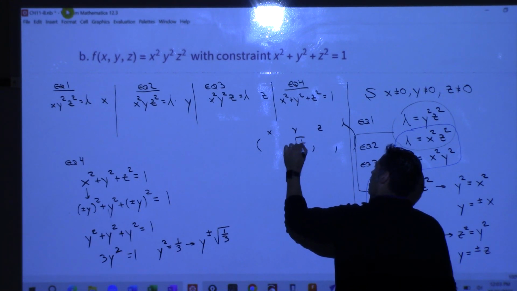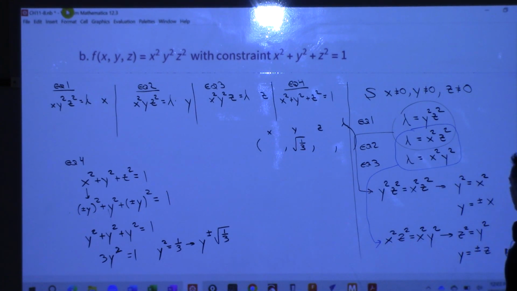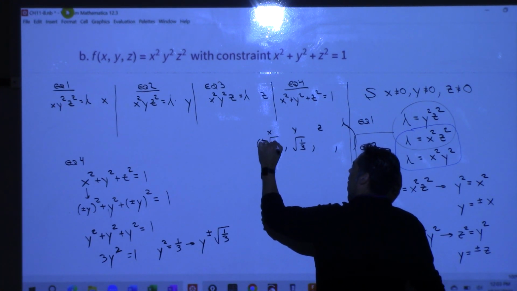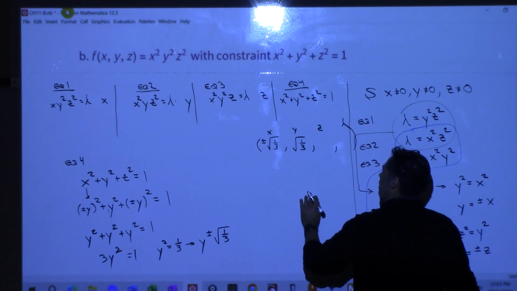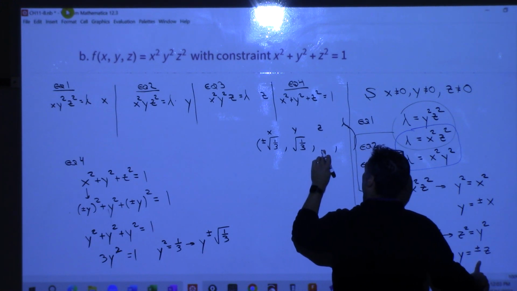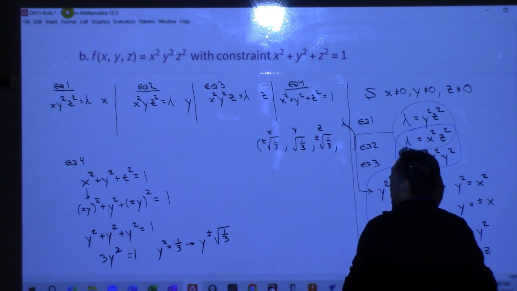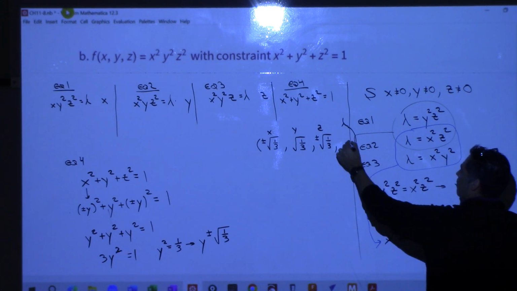What if y is root 1/3? What's x? Plus or minus root 1/3, right? So there's actually two possibilities there. And then z is plus or minus root 1/3. And who cares what lambda is, but I know it's there.